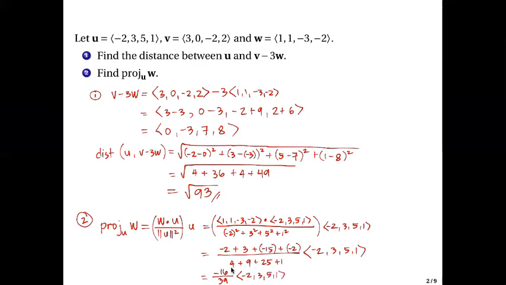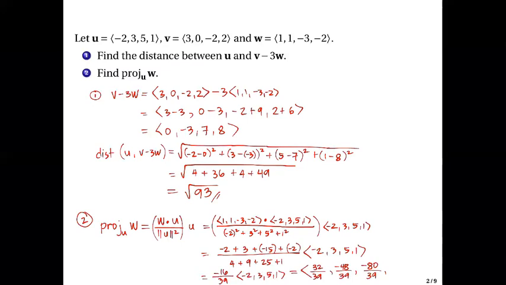So finally, the final answer will be just the multiplication. So in here, you have 32 over 39, comma, 3 times -16, that's -48 over 39. -16 times 5, that's -80 over 39.